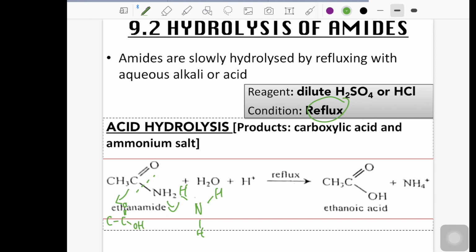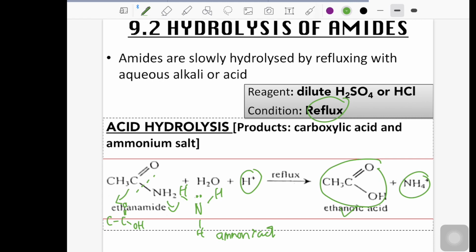Hydrogen is being added, so that's why you get CH3COOH, ethanoic acid, and NH4 plus. Why is there an NH4 plus? Because you produce ammonia. Ammonia is in the reaction, and there is an acid, the catalyst H plus.